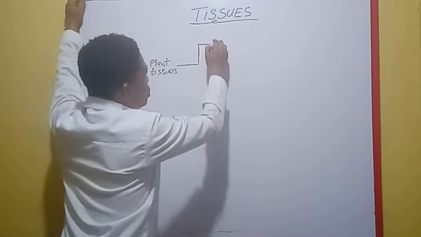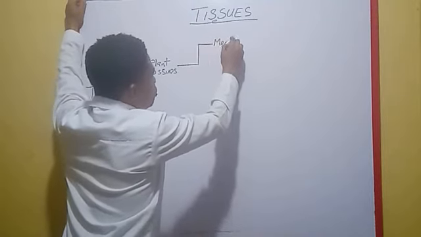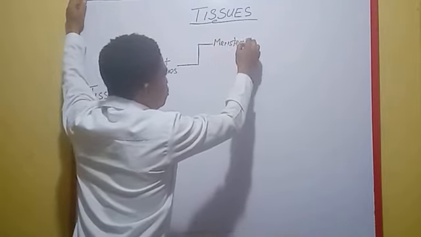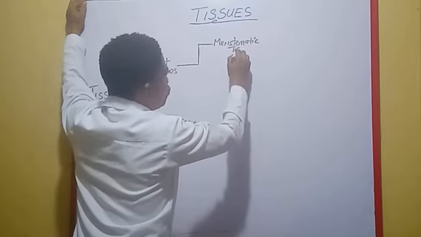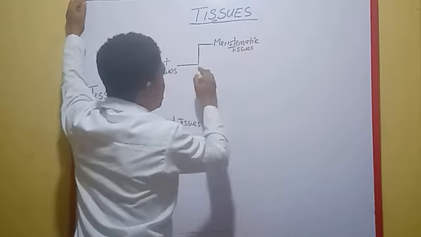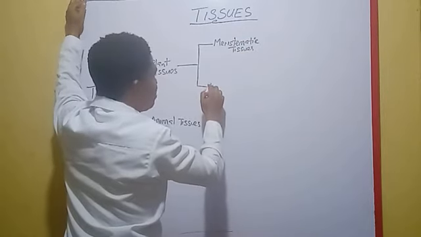One is called the meristematic tissue, and the other one is called permanent tissue.